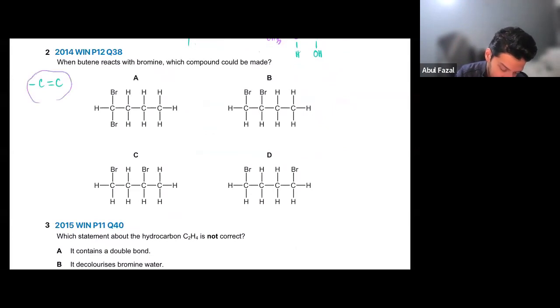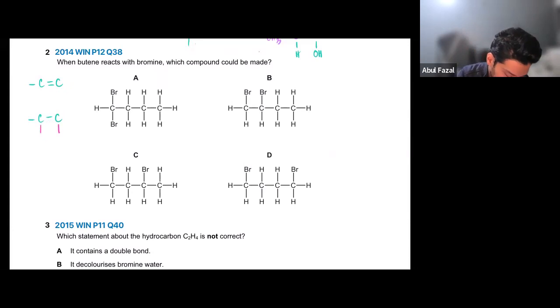So if you have an alkene like that, the double bond opens up from here. So this carbon can now carry one other atom or make one other bond, and this carbon can make one other bond.